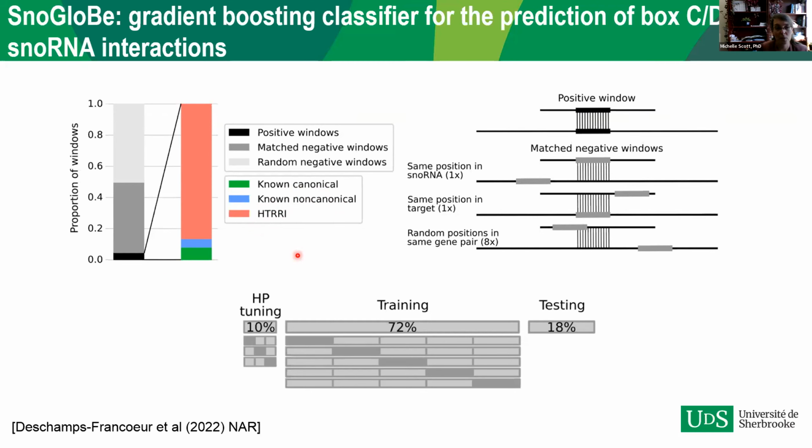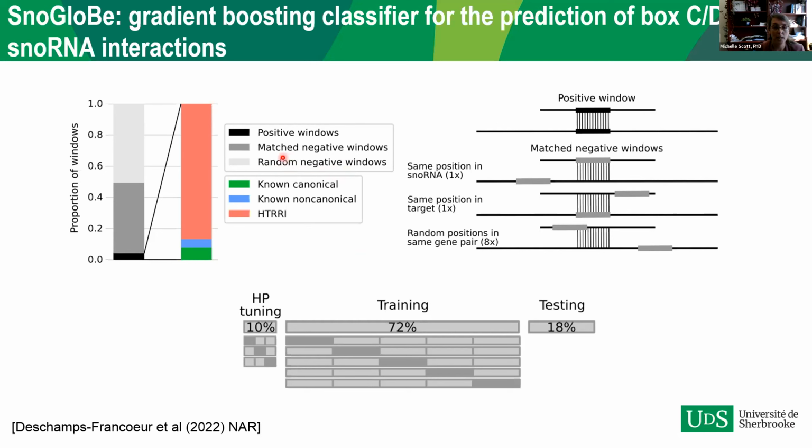So we created our own negative examples. We created random negative windows. So these are pairs of a sequence randomly chosen from all human snoRNAs and a sequence randomly chosen from the entire human transcriptome.